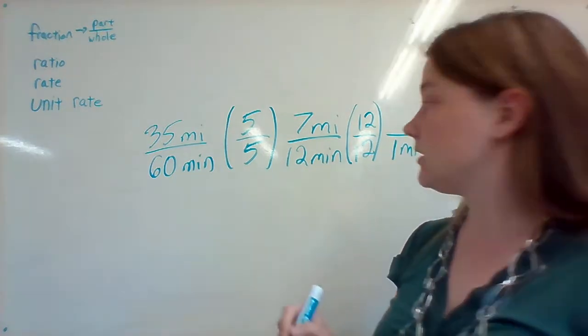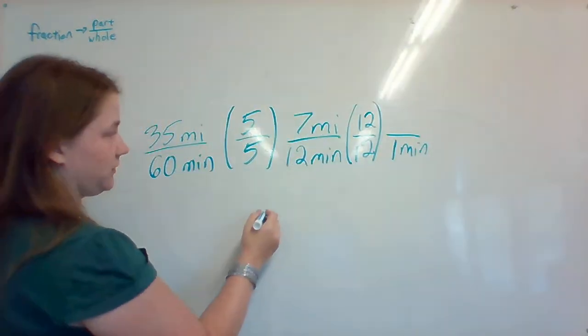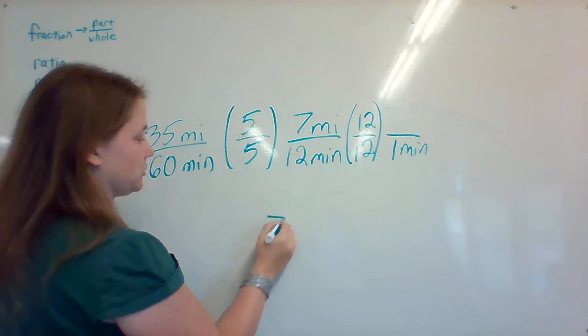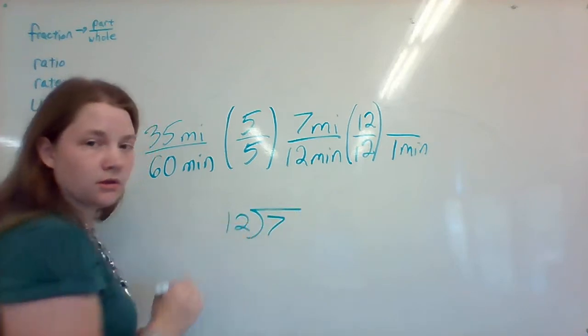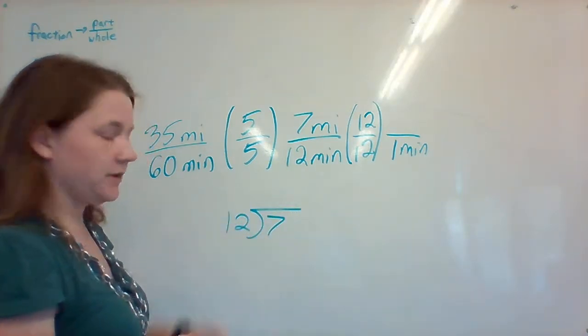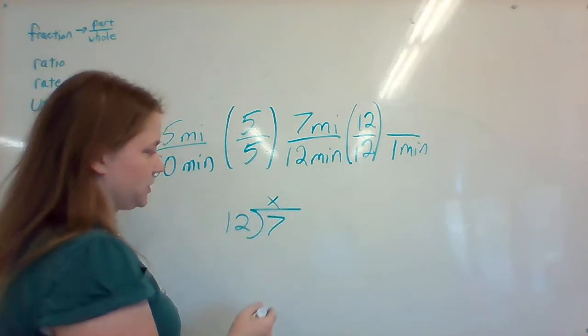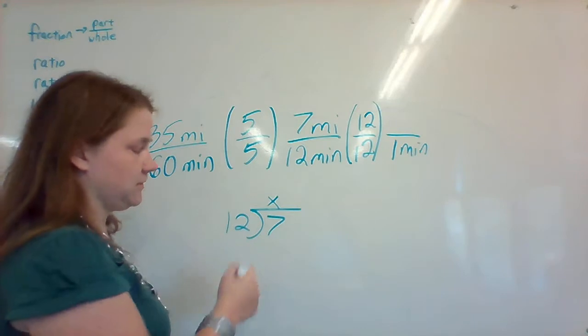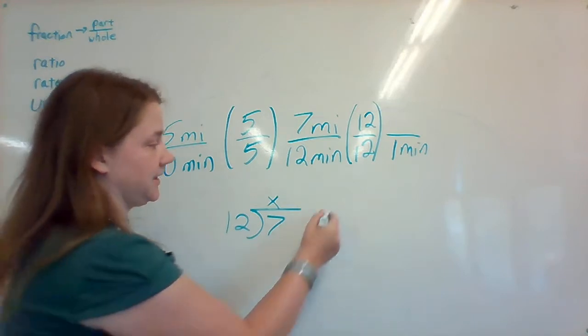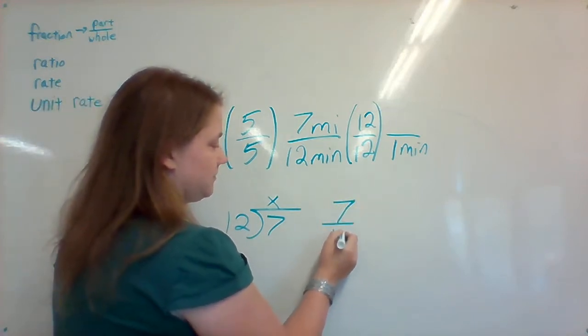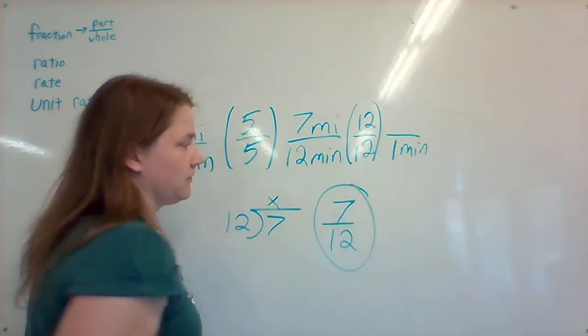And when I do 7 divided by 12, you're going to notice that 12 doesn't go into 7 at all. And we're just left with 7 divided by 12, which looks like this as a fraction.